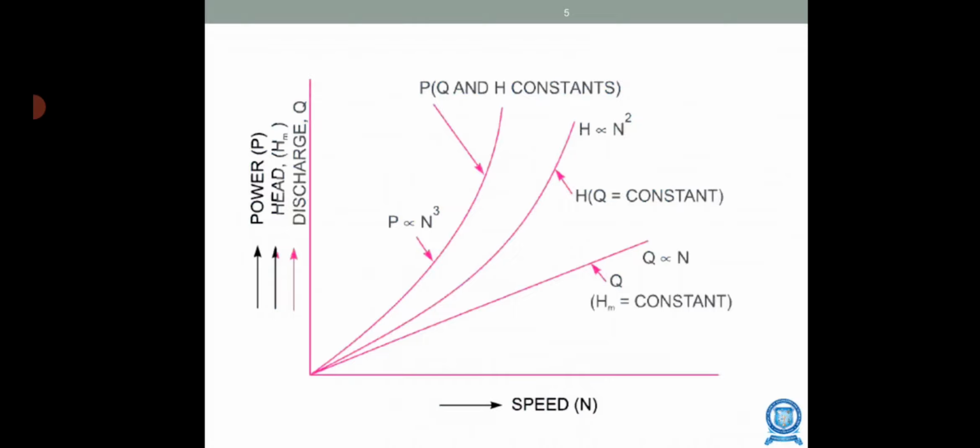Third is Q directly proportional to n: discharge is directly proportional to the speed, so you get a linear curve. So this is one of the curves.